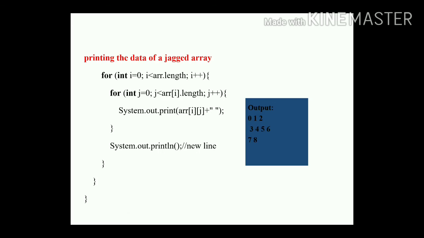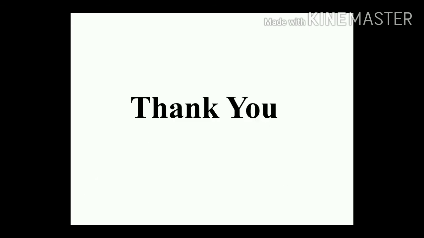The output for this is 0, 1, 2, 3, 4, 5, 6, 7, 8. In the first line only 3 elements, in the second line 4 elements, in the third line only 2 elements are printed. This is the example for the jagged array. Thank you.